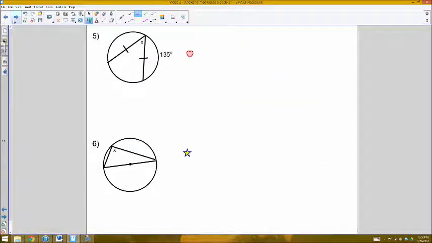Now we can also use other ideas related to circles in order to help us in solving for missing angles and missing arcs. One idea that is sometimes helpful for getting information is the fact that congruent chords will cut congruent arcs. Now this is an idea that we'll actually prove in class, but for now I'm going to show you how to use that in the context of this example.